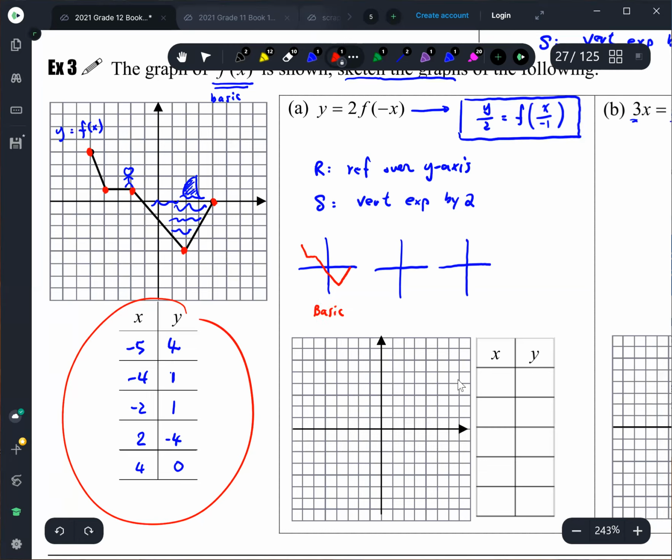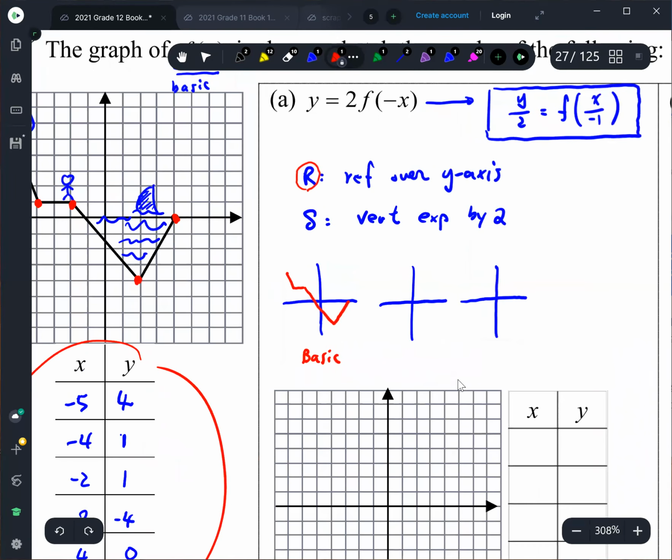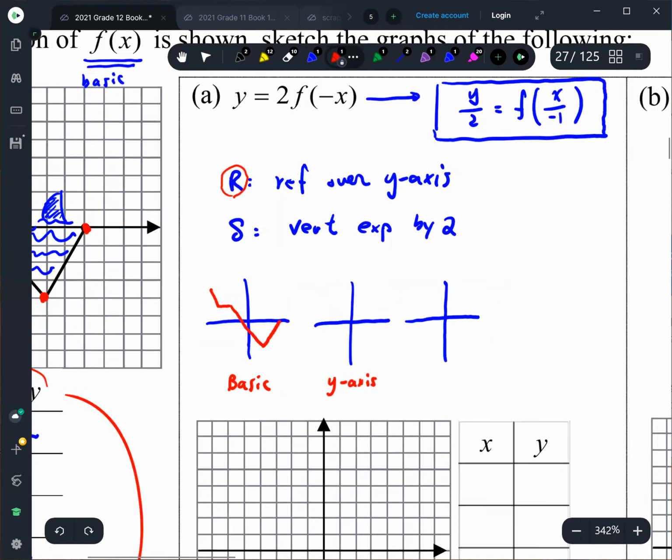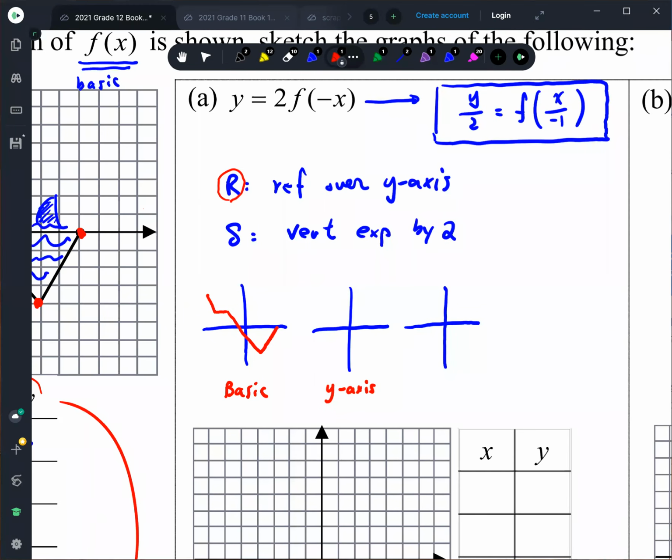And then we're just going in order. We start with the reflection. I want to reflect over the y-axis. So I'd like you to try that and draw that in the middle one, after reflection over the y-axis. All right, everybody try that, and please raise your hand when you have a sketch.